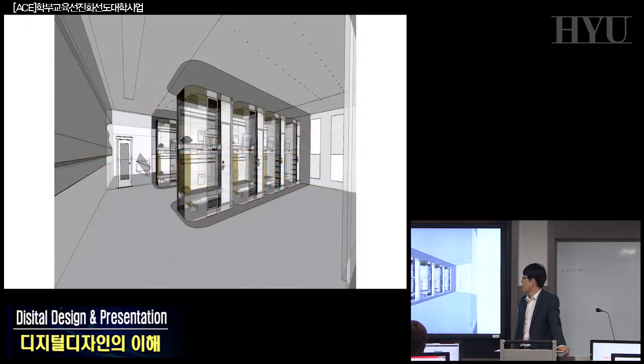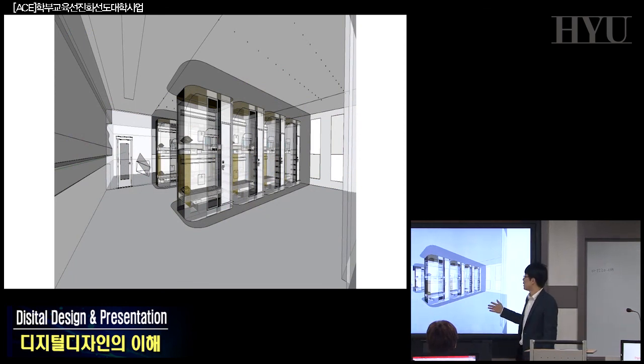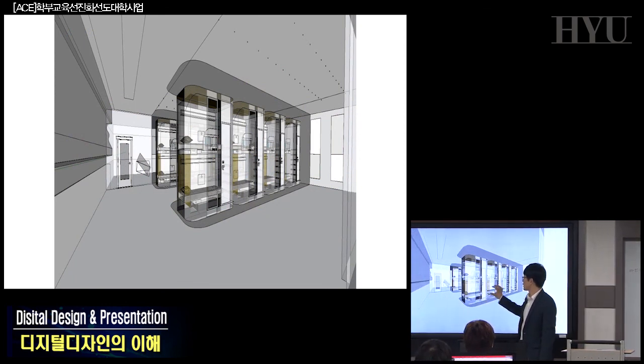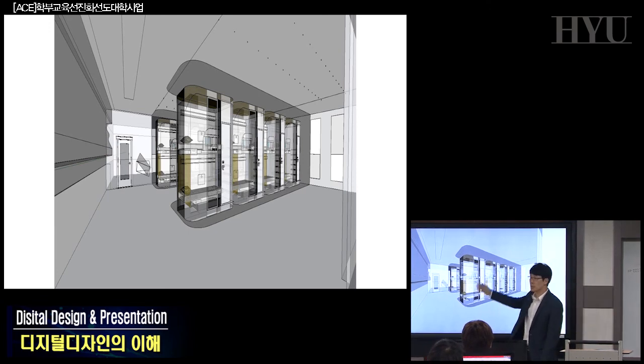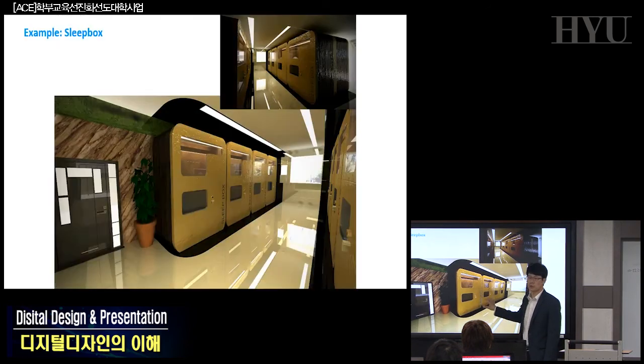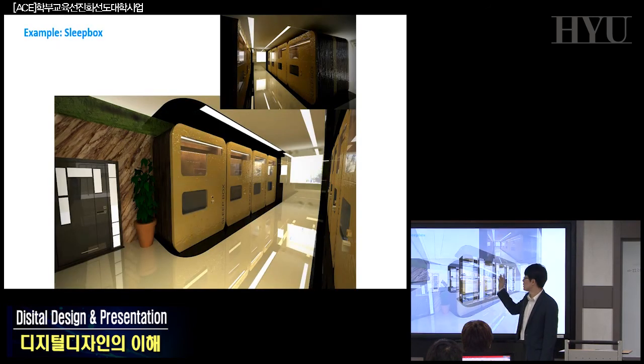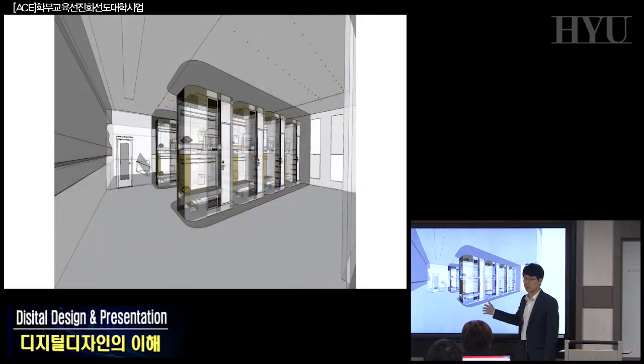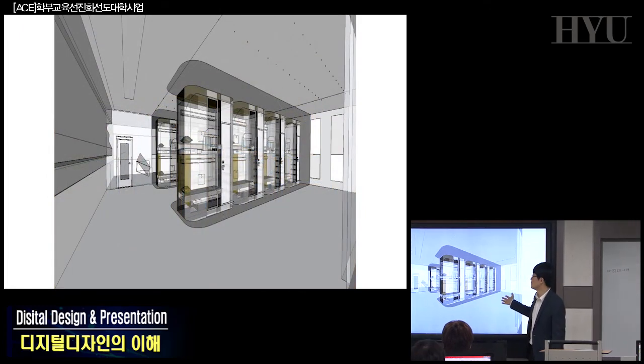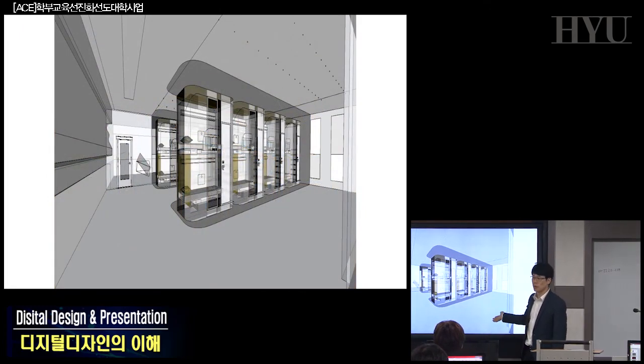This is an X-ray view of that Slipbox design done by other students. Using this kind of X-ray view in SketchUp, this is another type of rendering, okay? This is photorealistic rendering done by V-Ray, but this is a SketchUp style view. Even if it's a style view, this is one type of rendering, okay?